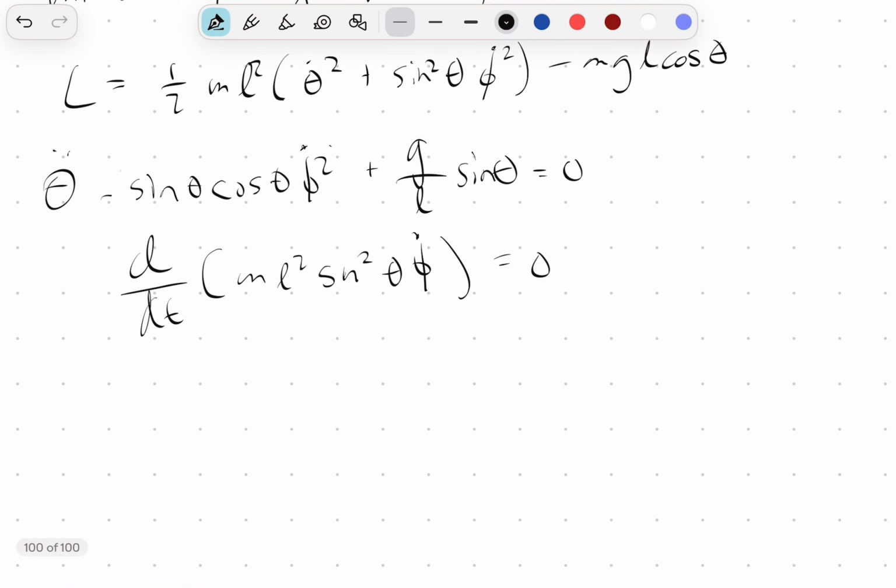And the conserved quantity becomes precisely the vertical component of that angular momentum.